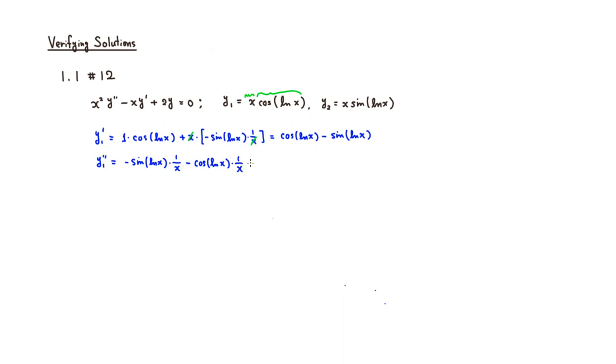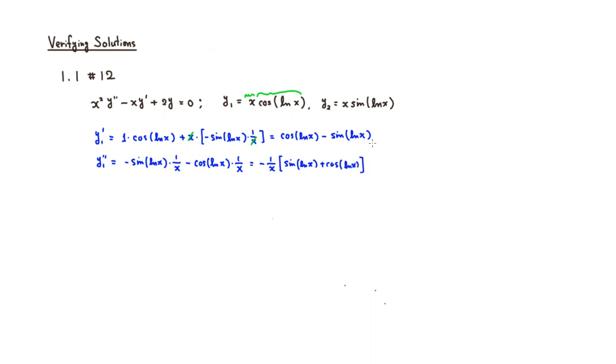Since we have negative 1 over x in common, I'm going to pull out the negative 1 over x. Then you have sine of natural log of x plus cosine of natural log of x.